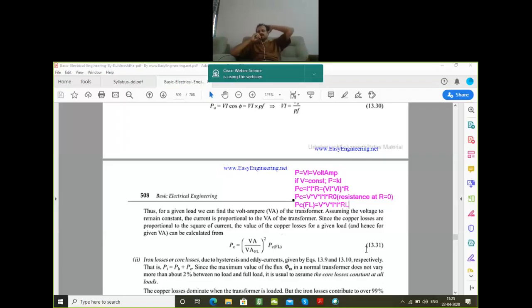The resistance across the primary and the secondary does not change; this is R. This is the copper loss at full load, and this is at R0, and this also is R. If I divide these two, I get the copper loss at full load over the copper loss.